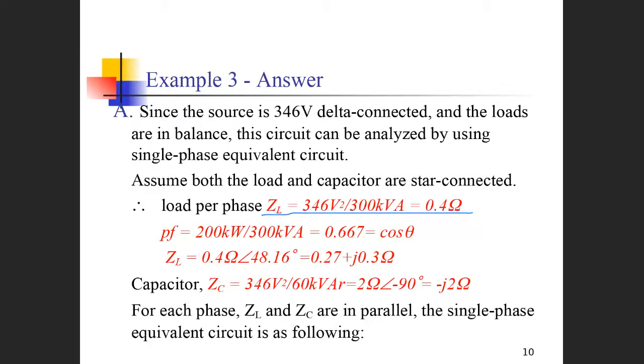So the per phase impedance of the star connection is the line voltage squared over the total three-phase power.